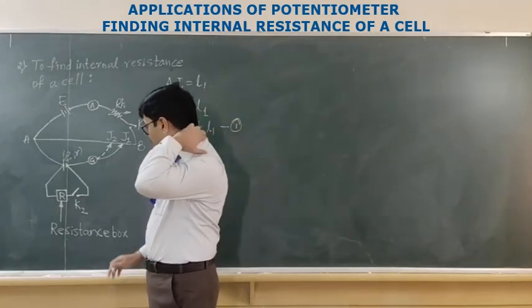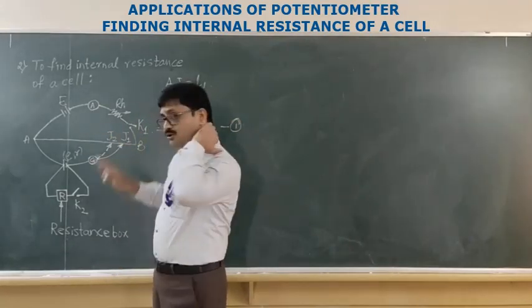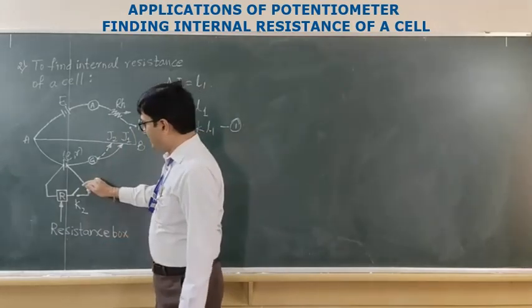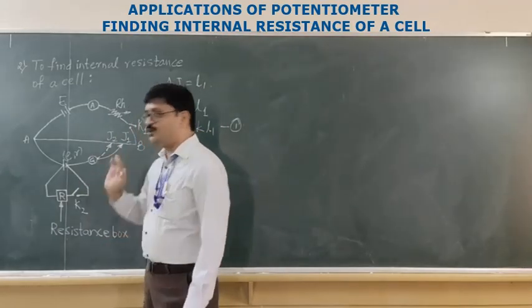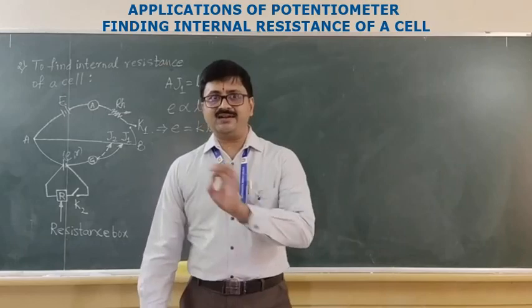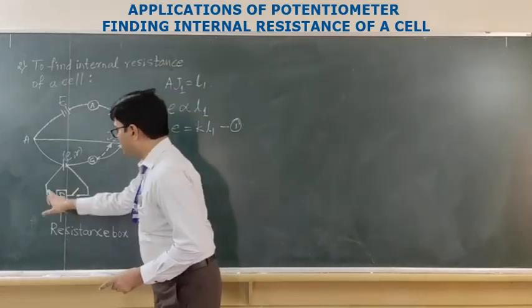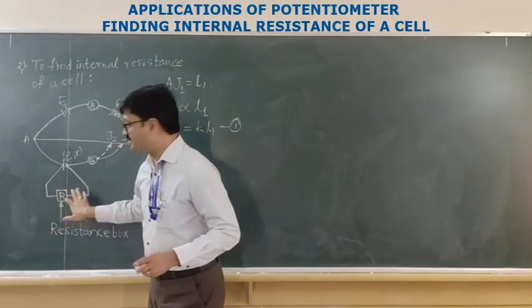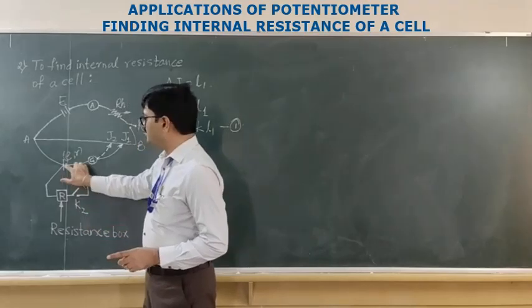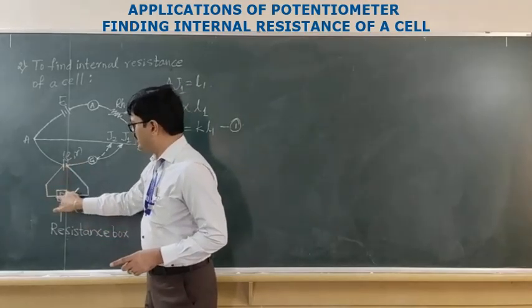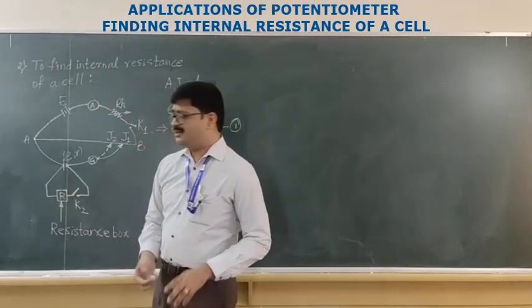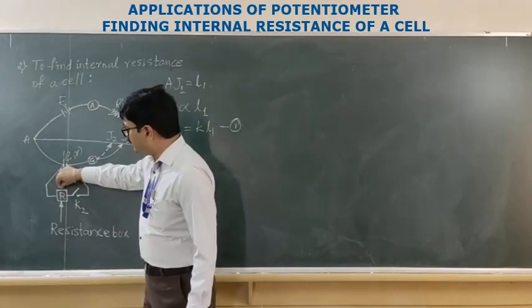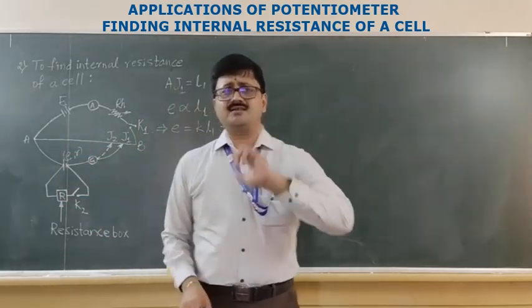The next step: I will keep this key K1 closed only. Then secondly, I will close K2 now. When key K2 is closed, this circuit is complete. This circuit is closed now. So accordingly, the cell will start to deliver the current, and I will introduce a required amount of resistance in the resistance box.